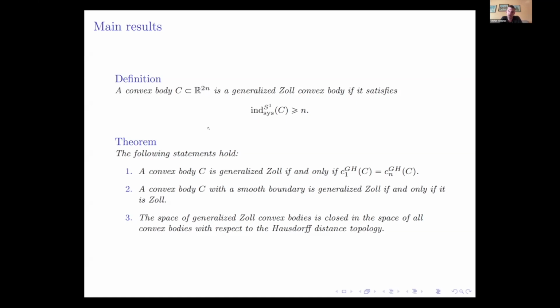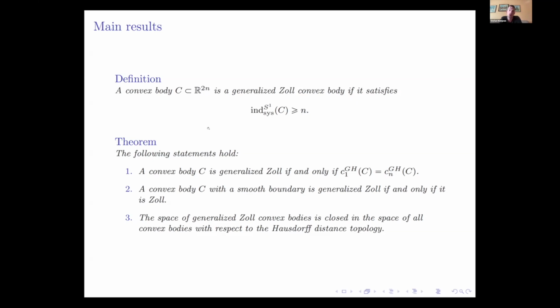So this would imply, because one can then find a smooth one, that it's Zoll. So this cannot happen, because we know that the systolic ratio is always the same for Zoll. So if they exhibit a property that they have, for instance, a locally constant systolic ratio on the space of generalized Zoll convex bodies, then I would expect that they are local maximizers in the C0 topology.